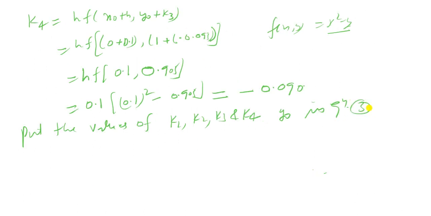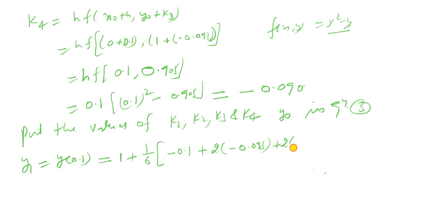So we obtain y1, that means y of 0.1, is equal to y0 is 1 plus 1 upon 6, k1 is minus 0.1 plus 2 times k2 is minus 0.095 plus 2 times k3 is minus 0.095 plus k4 is minus 0.090.